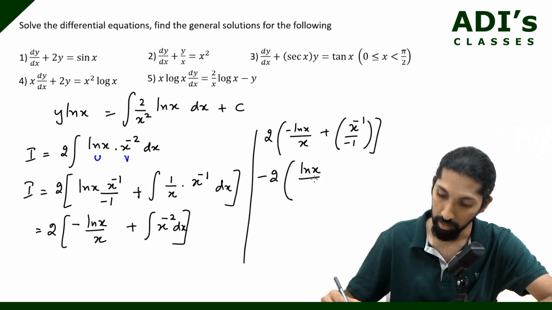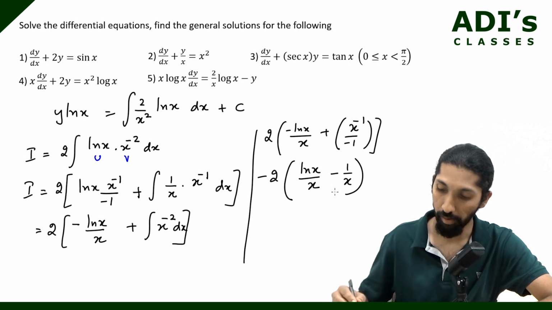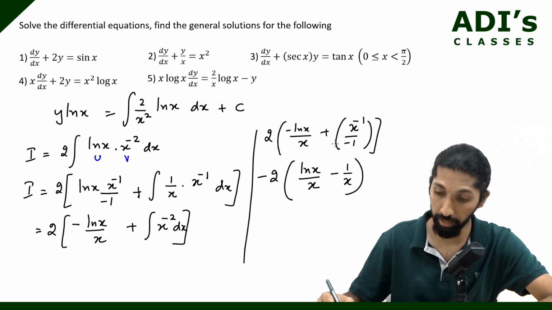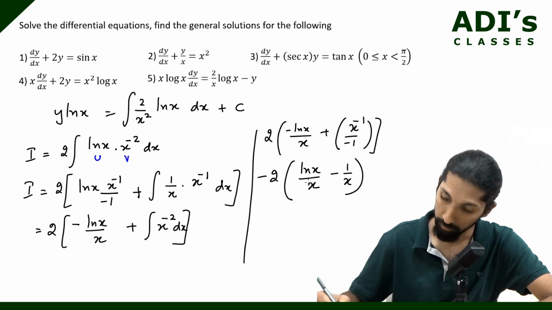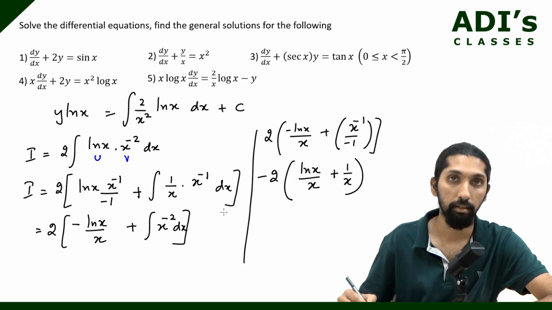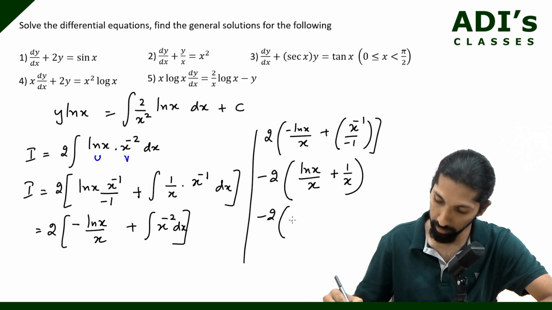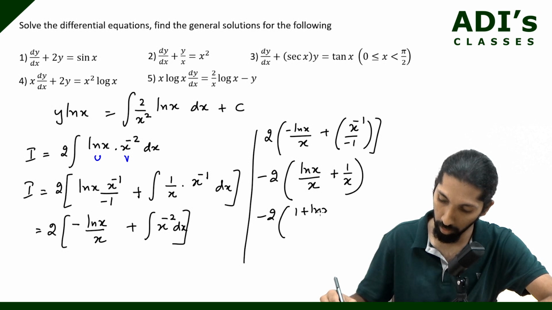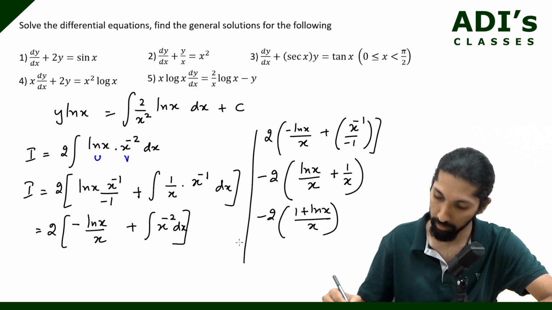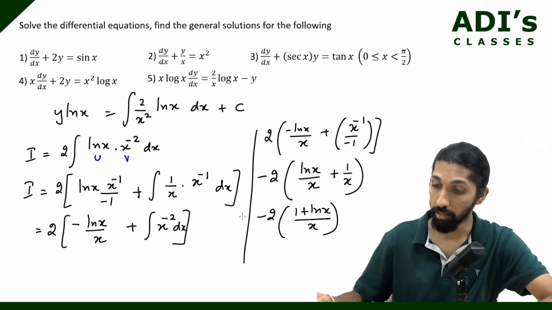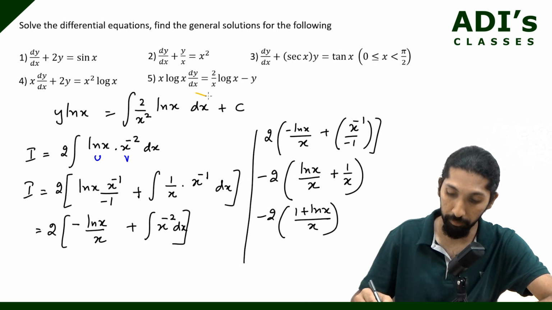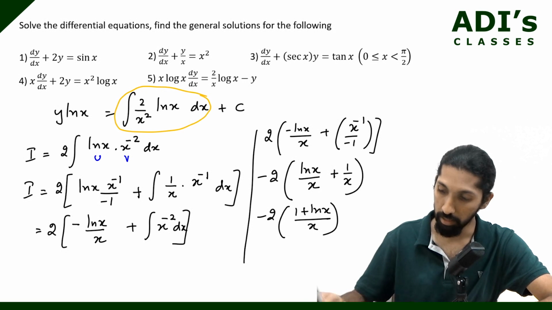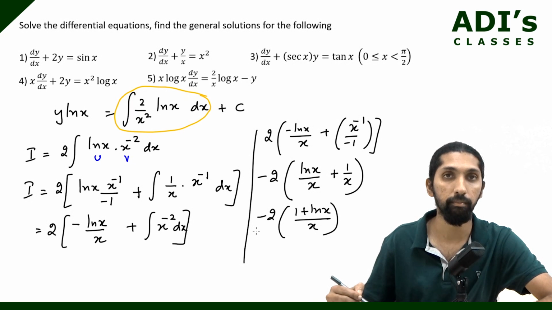Log of x by x minus 1 by x, or since we took the minus sign common, minus 2 times 1 plus log x divided by x, isn't it? So where are we substituting? In place of this one, correct?